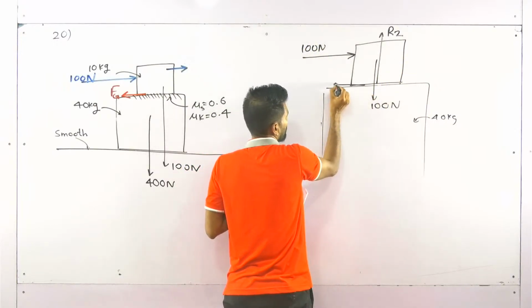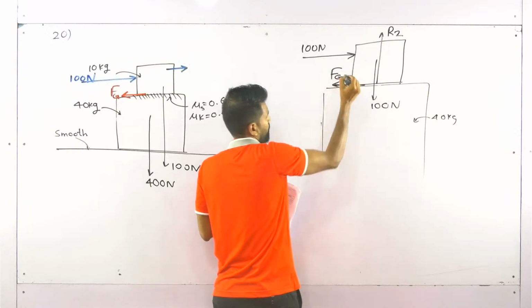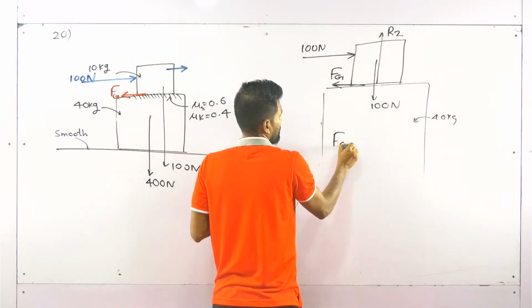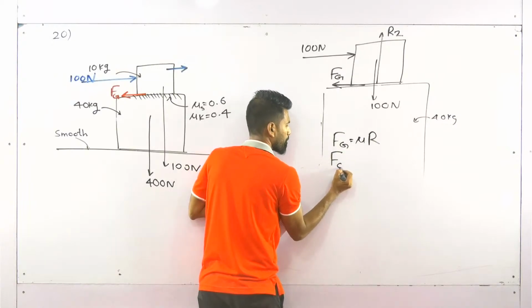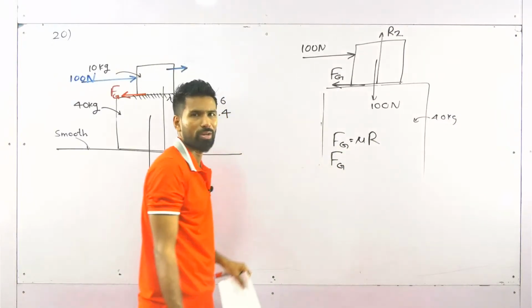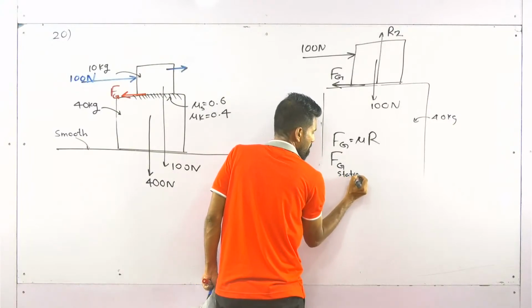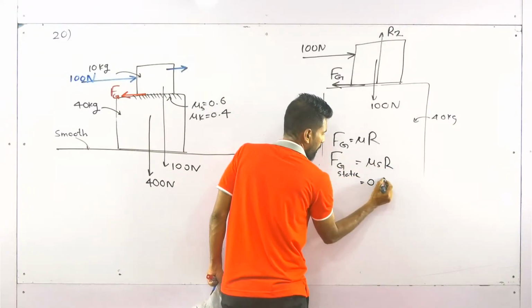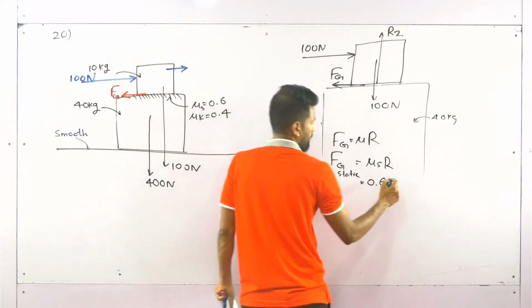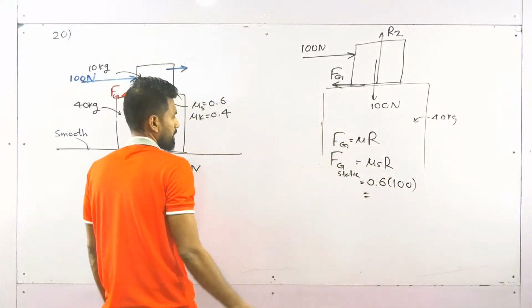So there will be a friction in the opposite direction, Fg. Fg is equal to mu R. What will be the limiting friction? The static friction, mu s R. Mu s is equal to 0.6. R is equal to 100.